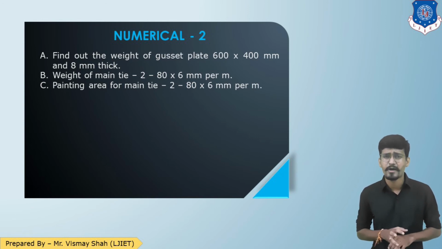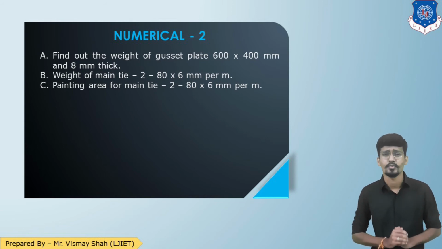Then the weight of main tie, which is 2 in numbers and dimensions are 80 cross 6 mm per meter. And the last is painting area for that same tie, which we are going to find out in sub point number 2.